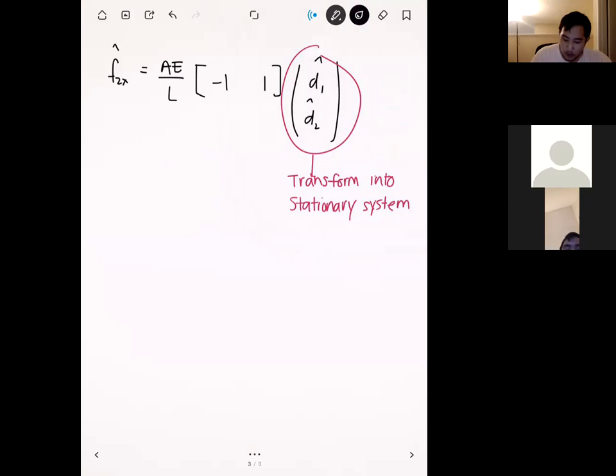I'm going to do one more thing too before we move on, which is I'm going to expand this to include the y coordinates as well.